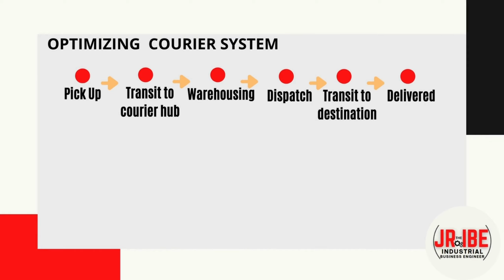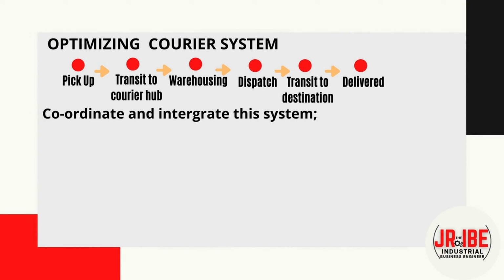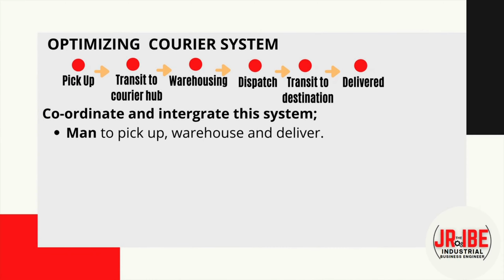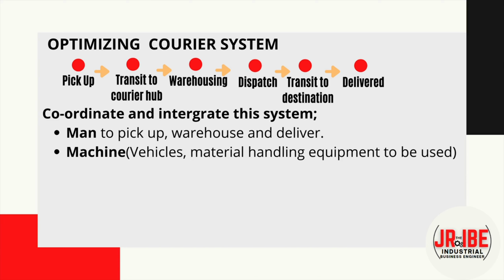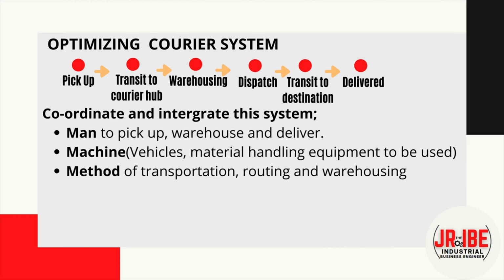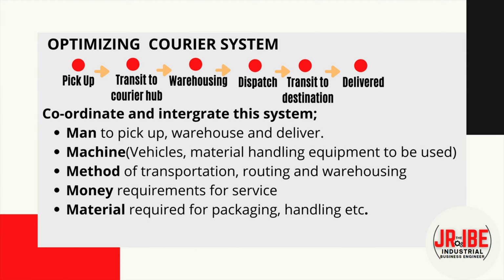In order for us to optimize and effectively coordinate this courier process, we need to make good use of man or human resources to make pickups, warehousing, deliveries, and any other activities in the system, machine, material handling equipment, and any other equipment that will be used or utilized in the courier system, method of transportation, routing, and warehousing required in the courier system, the money requirements for the service under operations, the materials required for packaging, handling, and many other activities in the system.